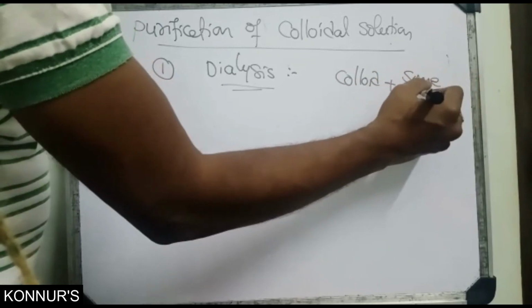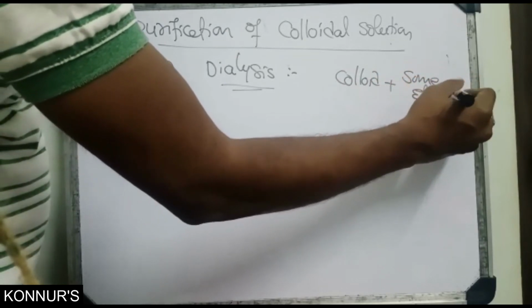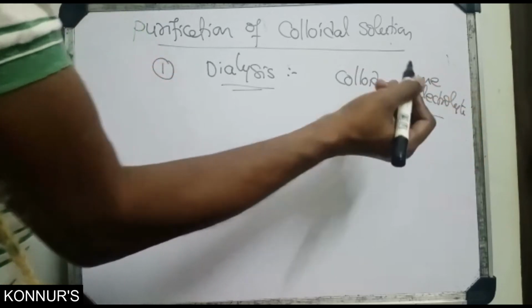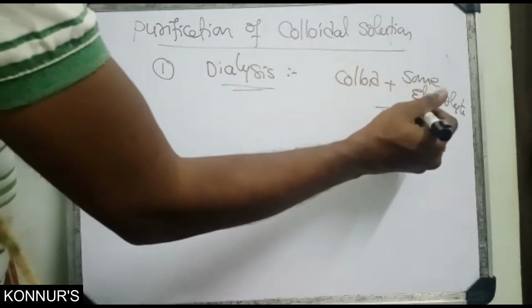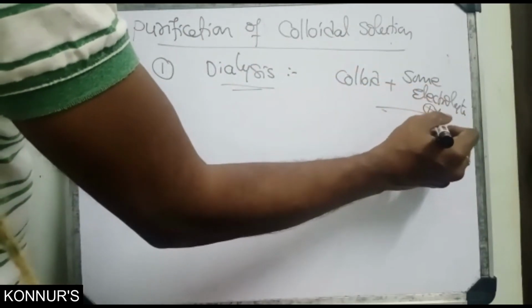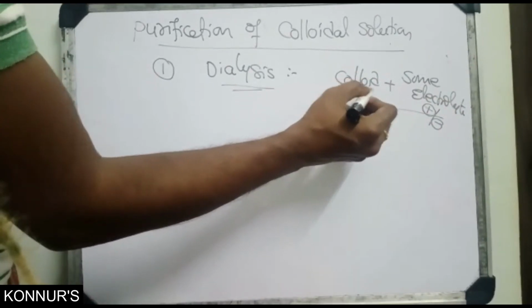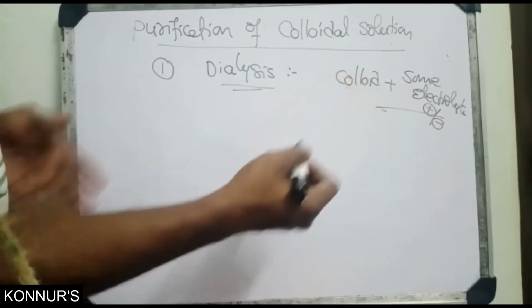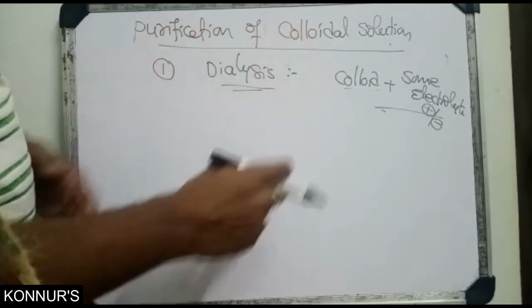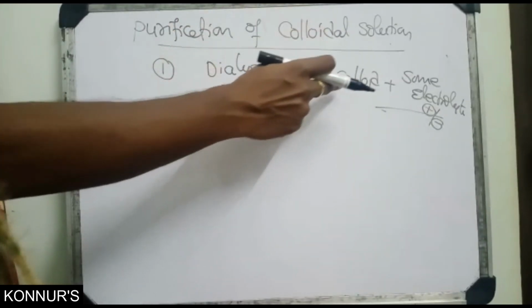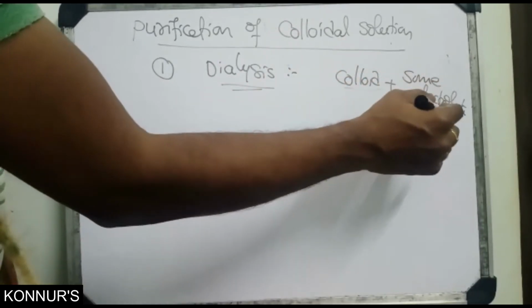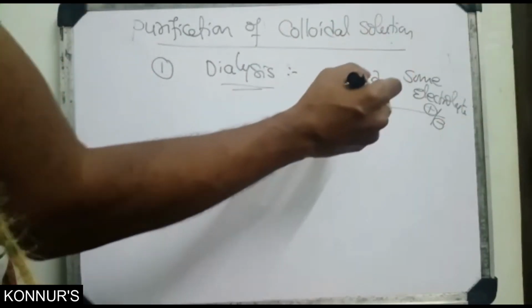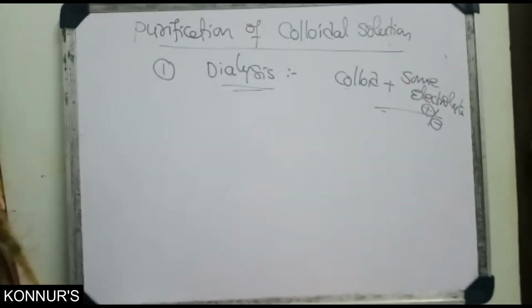If some electrolyte is there, because of these plus and minus charges the colloid will be neutralized and the colloid is going to be damaged. So to protect the colloid, in that colloidal solution you remove the excess electrolyte. That is the purification of a colloid.